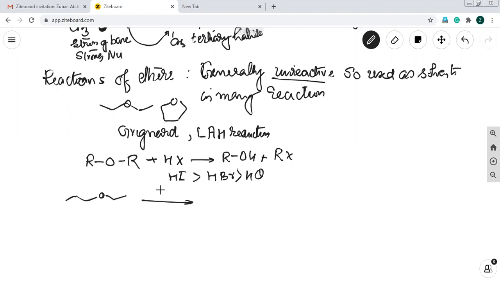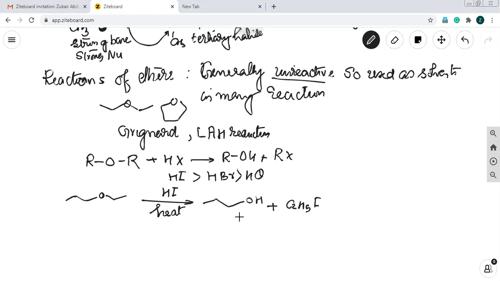you react in the heat with HI. Heat with hydrogen iodide, you will get C2H5I plus C2H5OH.